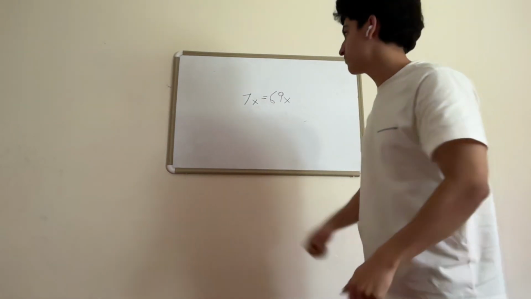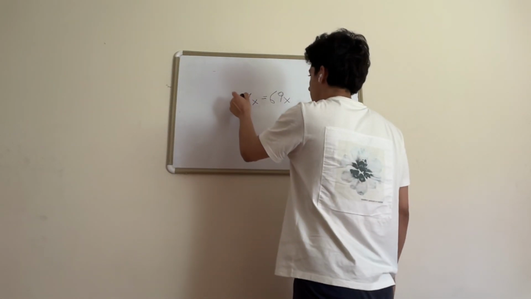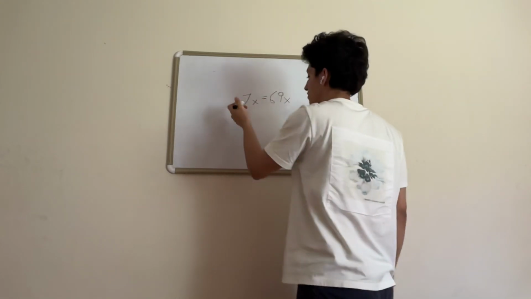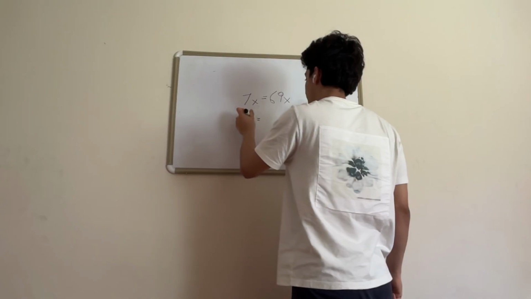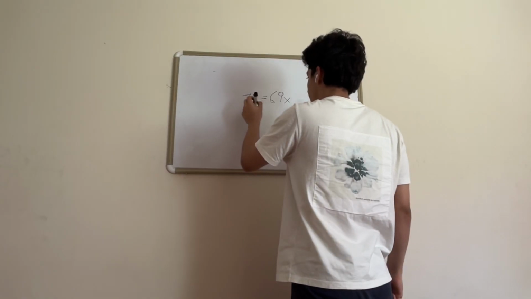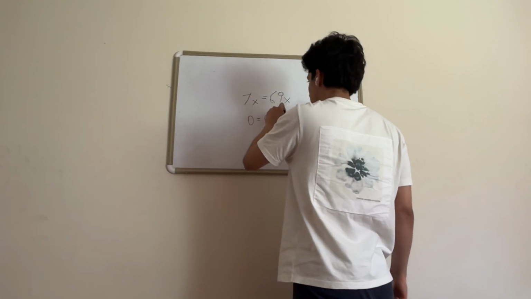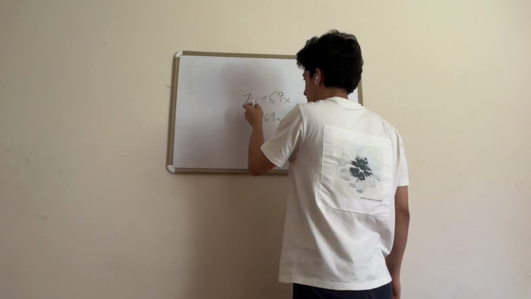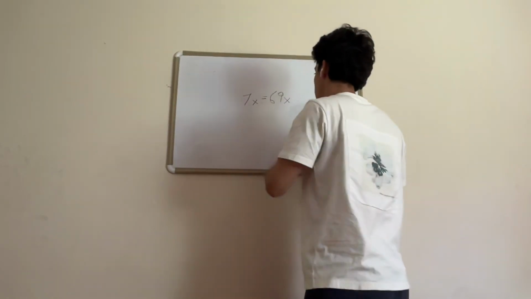So we gotta combine it. It can be either moving this one into here or moving this one into the other side. I'm gonna move this one to here. So now that will be 69x minus 7x.